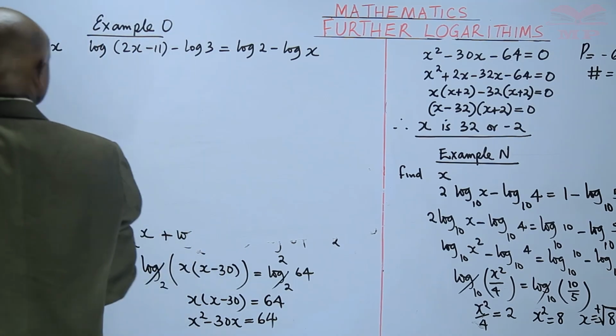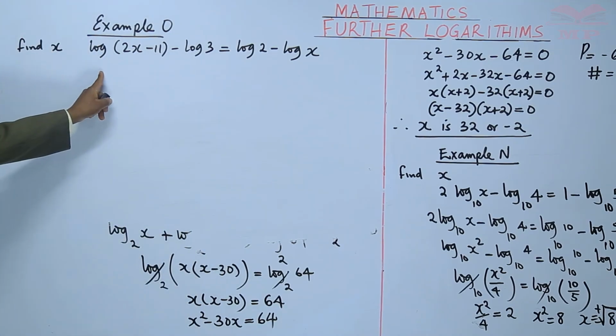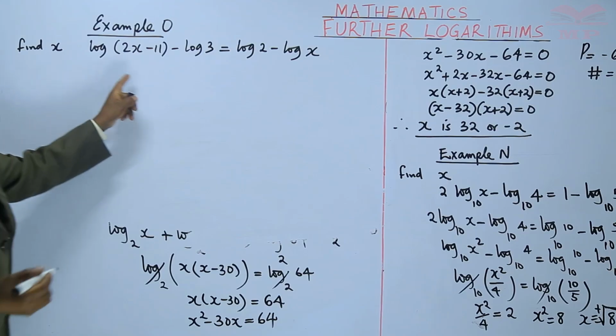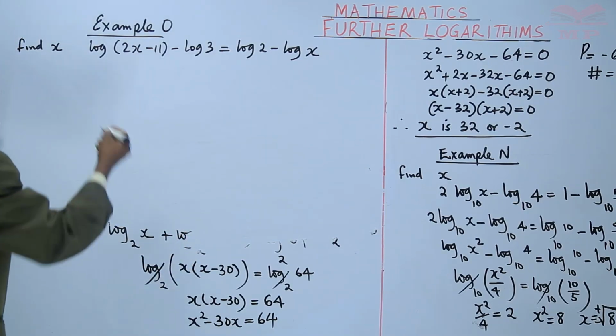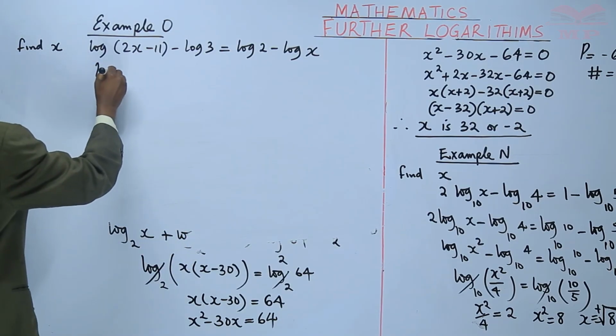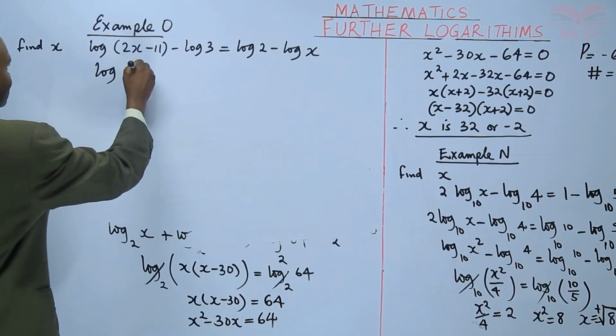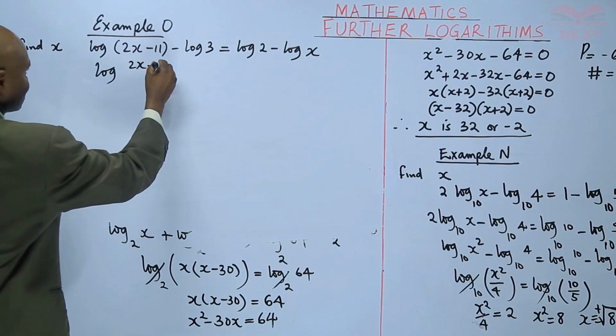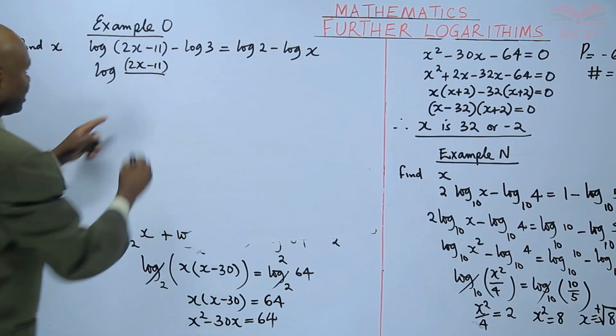So, where the base is not given, you assume that the base is 10. So I'll go straight to having log of 2x minus 11 over 3.